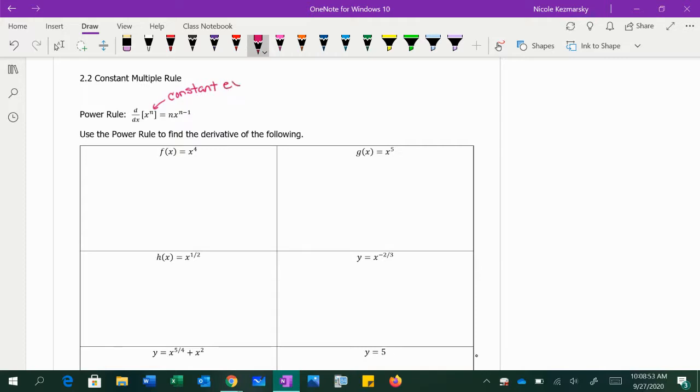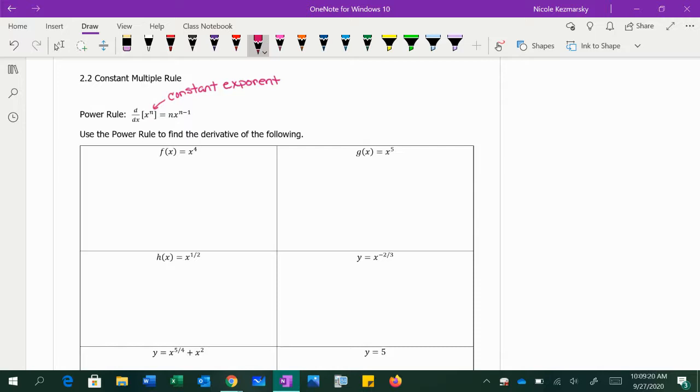So I'll say constant exponent. So examples of power rule eligible equations are x squared, x cubed, x to the fifth, x to the negative 10th, even x to the 2/3 when we have fraction exponents. Those are all eligible to be derivatized, if you will, with the power rule.